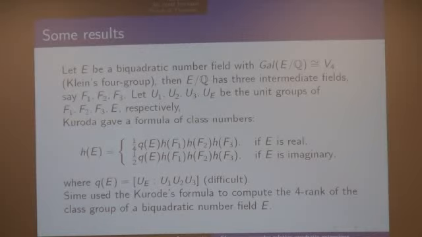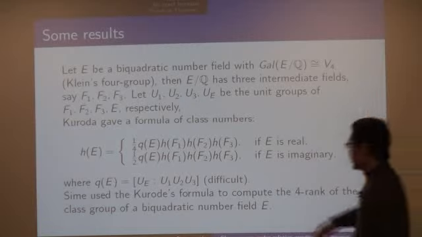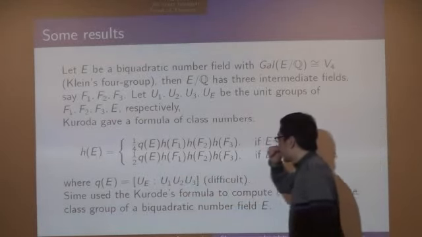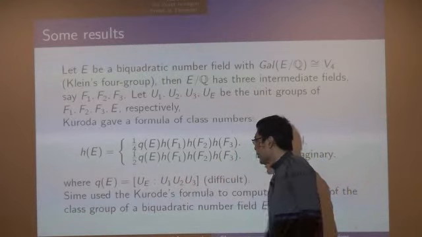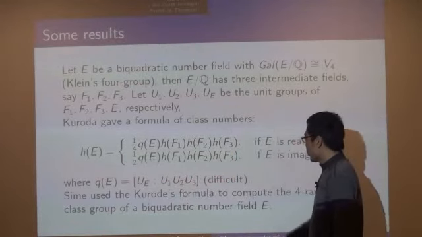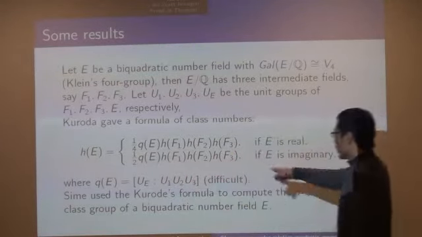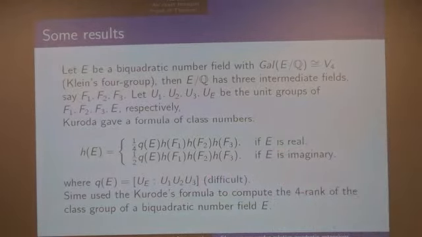The Kuroda class number formula is about 50 years old. In this formula, U_E is the large field unit group and the other is the product of small field unit groups. This index is difficult to compute. We use the same class number formula to compute the 4-rank of the class group of the quadratic field.